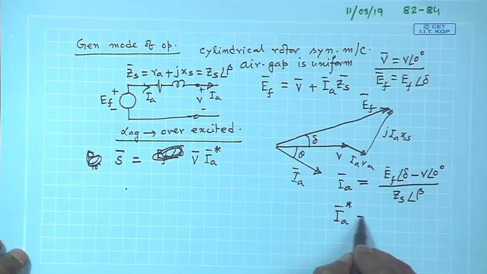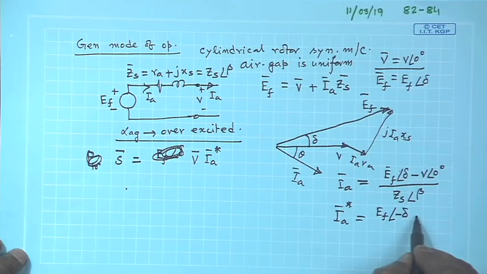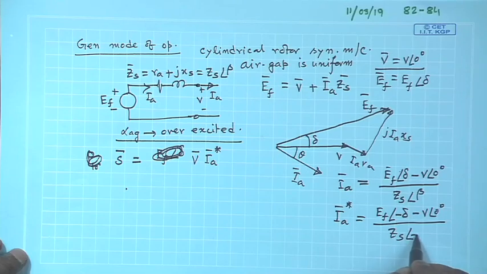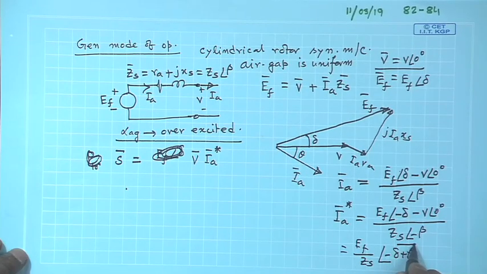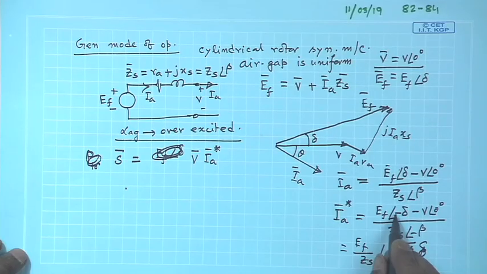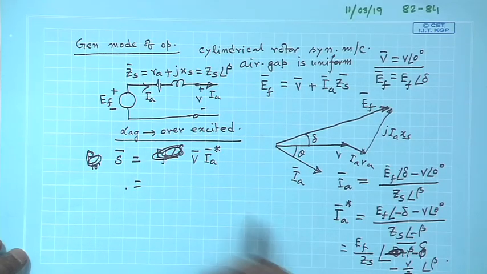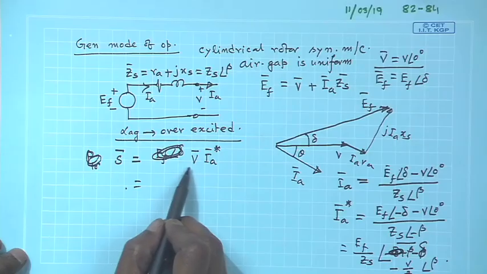So I A star will be E f by Z S angle beta minus delta, with all angles made negative, minus V by Z S angle beta. We substituted this here, and I will not repeat it.